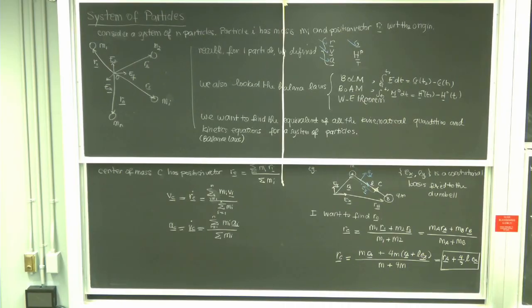So the angular momentum of the system about point P, for example, is the sum of the angular momentum of each particle about point P.